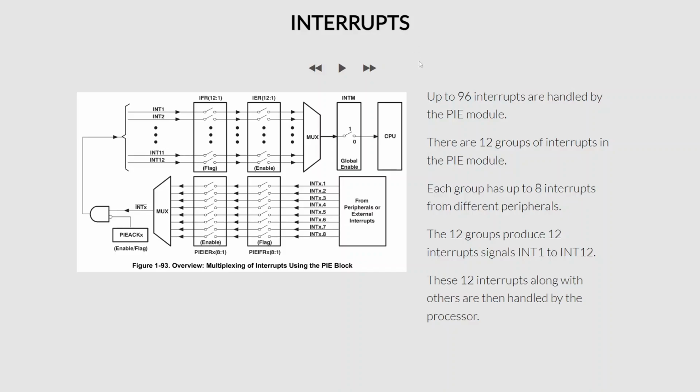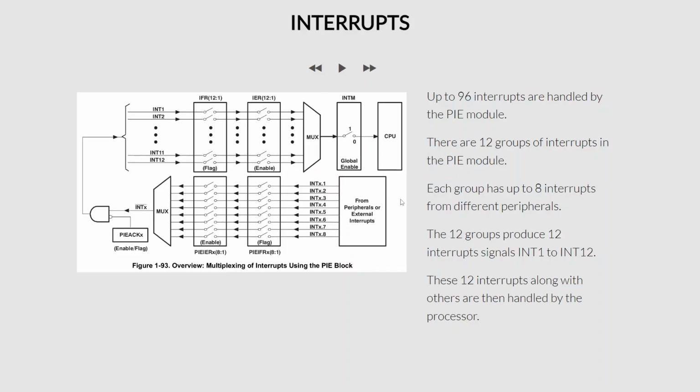So if you were to handle 96 interrupts, obviously you would need many registers. So this automatically implies that you have to break it up into groups. So there are 12 groups of interrupts in the PIE module, and each group has up to 8 interrupts, right? And these 8 interrupts come from different peripherals.